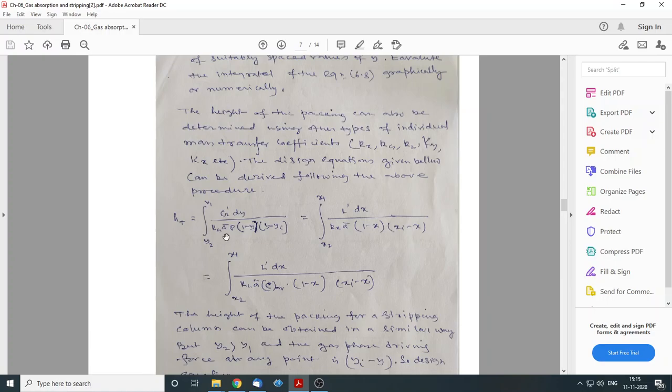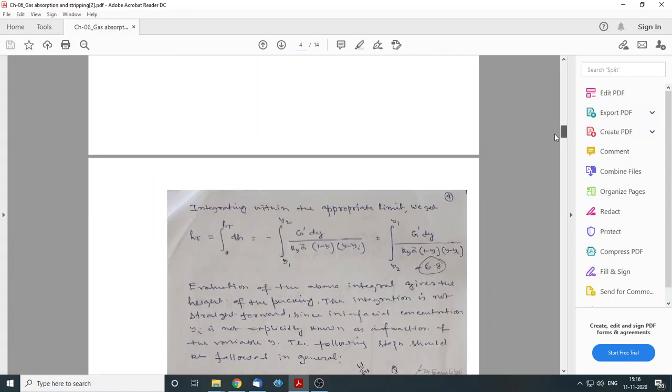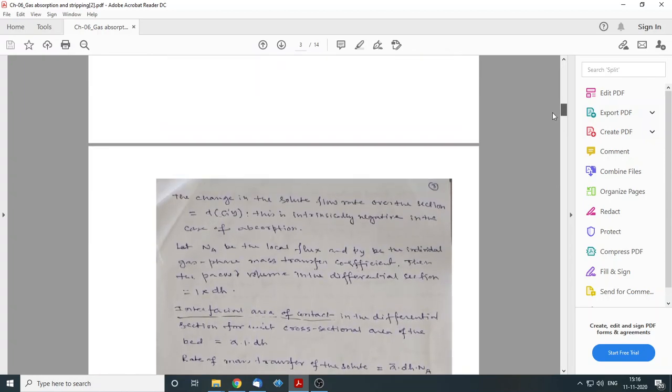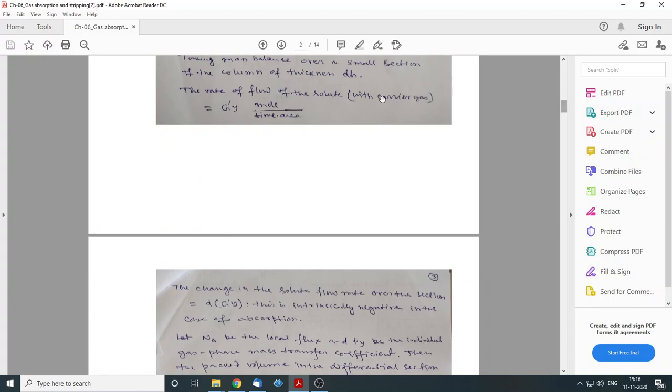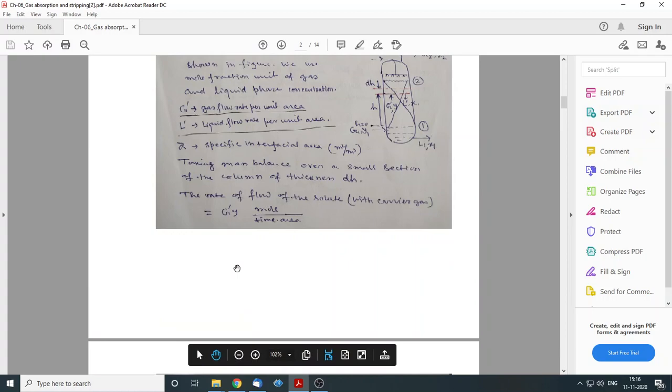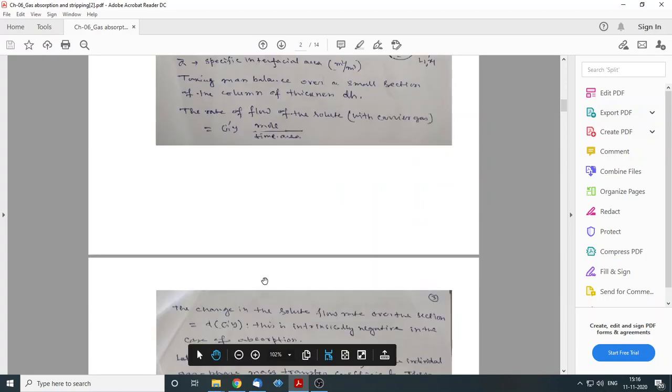Now if I calculate this from the liquid phase, considering the liquid phase entering and leaving, Lx and dLx, what we started here was the change in G dash y; instead, I can write L dash x and dL dash x.